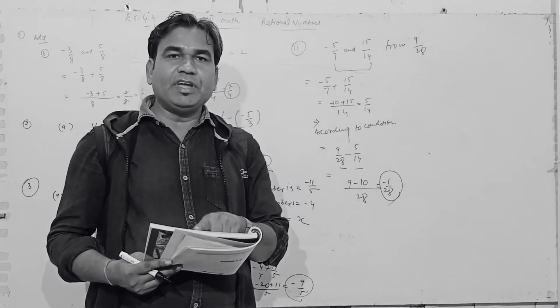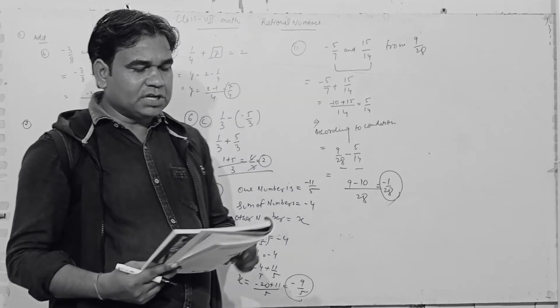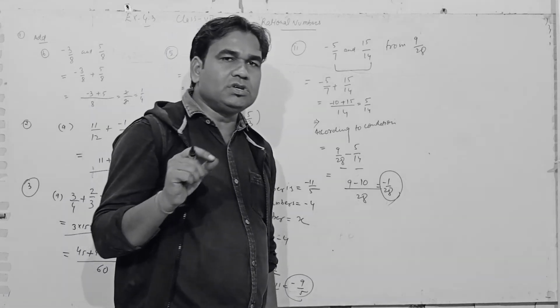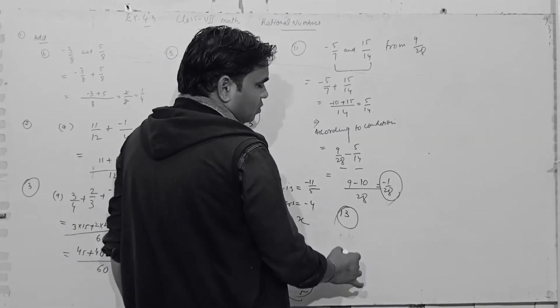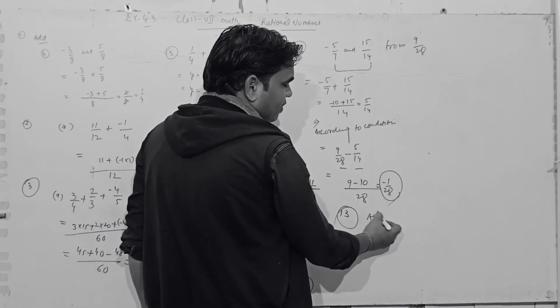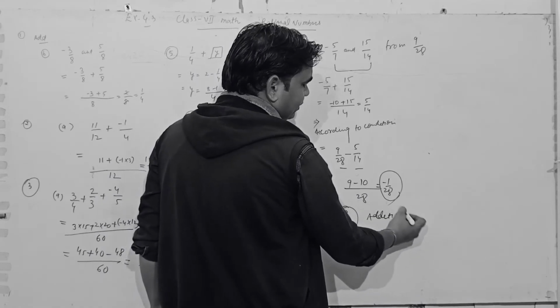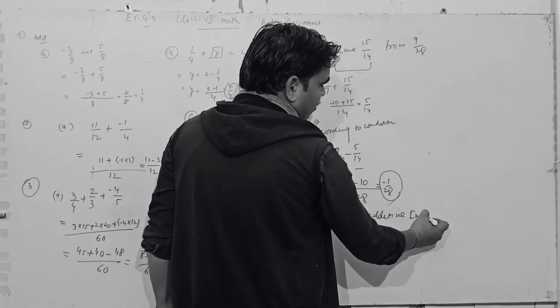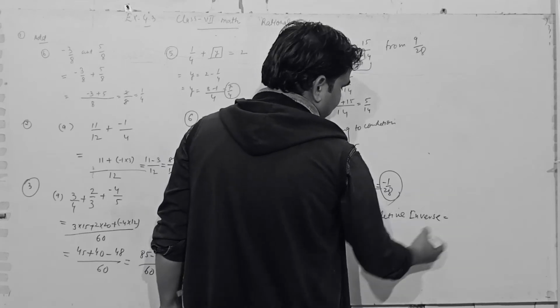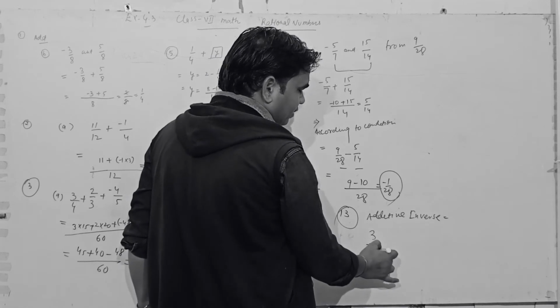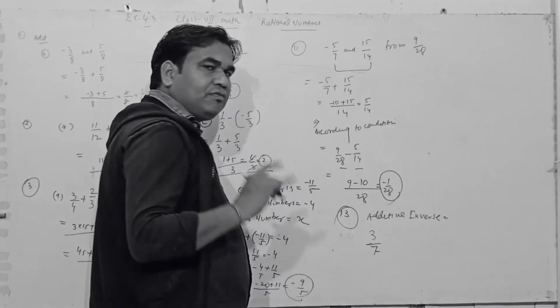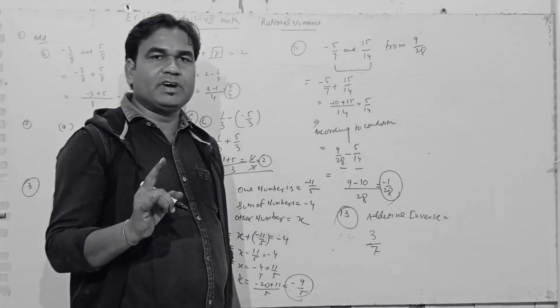Write the additive inverse. So in question number 13, I have told you about the additive inverse, students. So the additive inverse you have to take just like that, students. This is 3 over 7, and we have to find out the additive inverse.